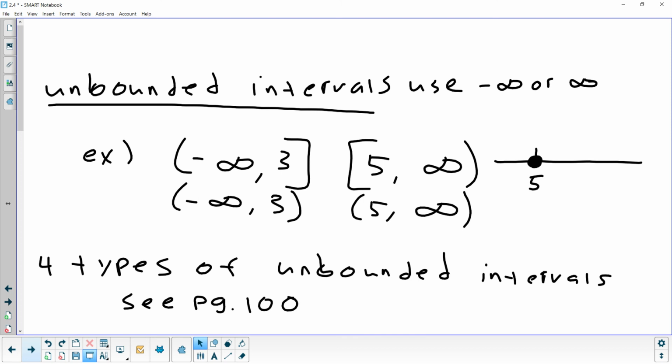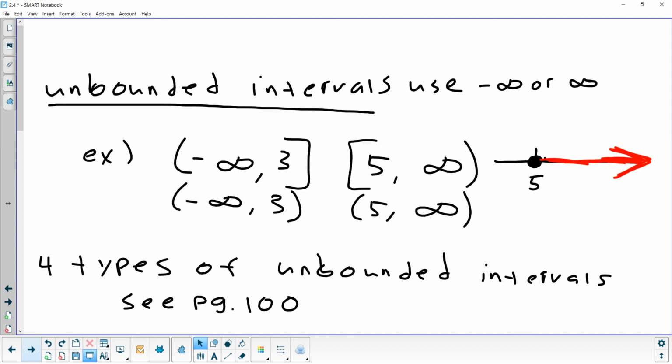And this time I can include it. And my upper limit is infinity. It means it just keeps going. And the other intervals are just different combinations of that. Open circle with an arrow right, closed circle with an arrow left, open circle with an arrow left.